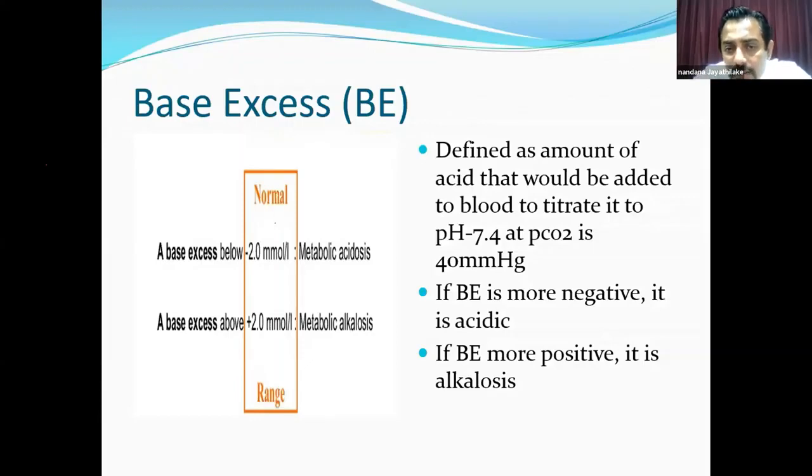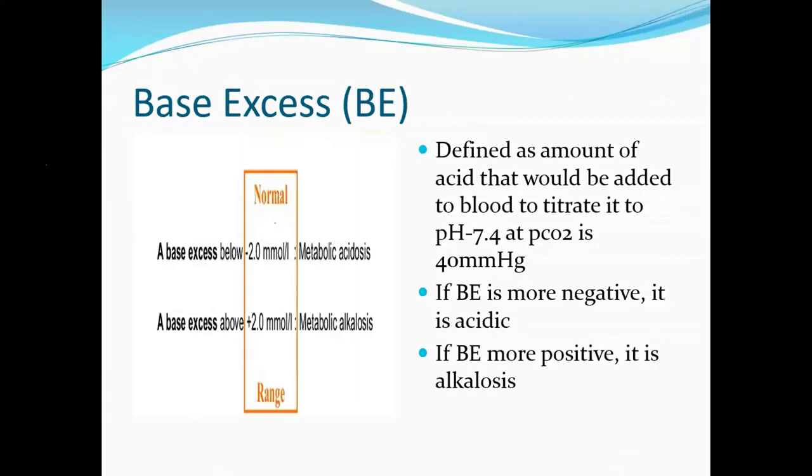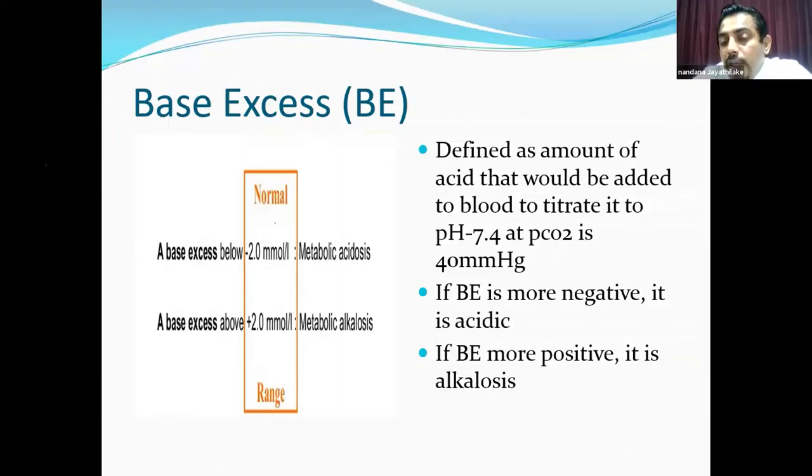The base excess is defined as the amount of acid that would be added to blood to titrate it to pH 7.4 at PCO2 of 40 millimeters of mercury. So it is defined how much acid should be added to this patient to take your blood to the level of pH 7.4.